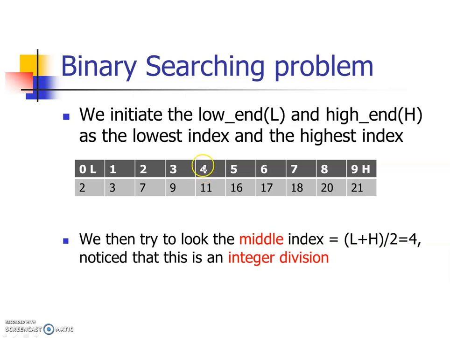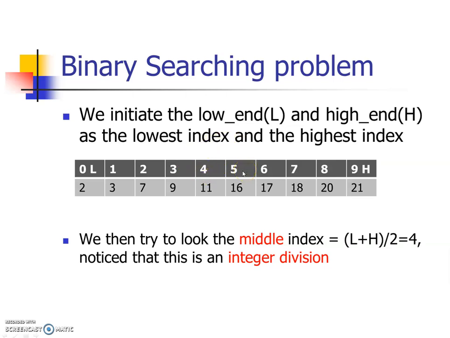So if we get the middle index of 4, understanding the value is 11, compared with our x, which is 16, we know that the element needs to be on the right side of the array. So what we will do is move our low index to the right side of the middle index.